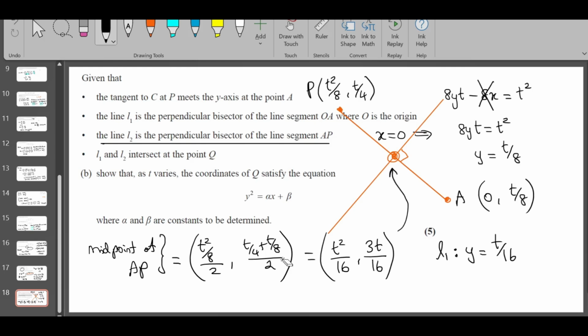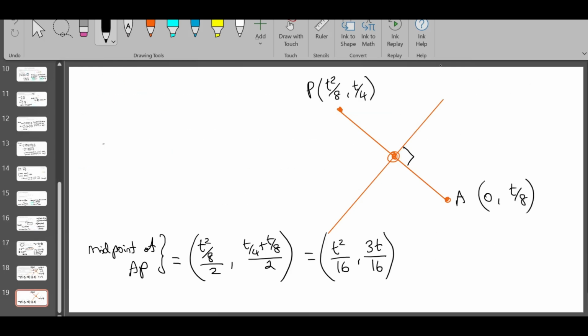Now we need to find the slope of this line AP, and for the perpendicular line, you take the negative reciprocal. That's the next thing we are going to do. Okay, I have copied this here. Now I'm going to find the slope of AP: y2 minus y1 over x2 minus x1.